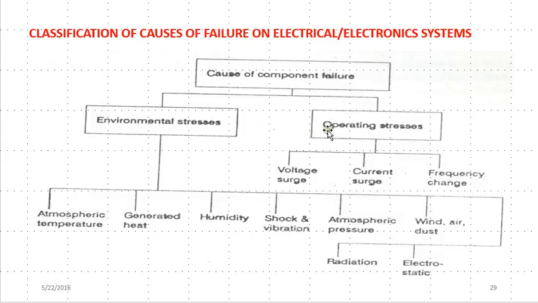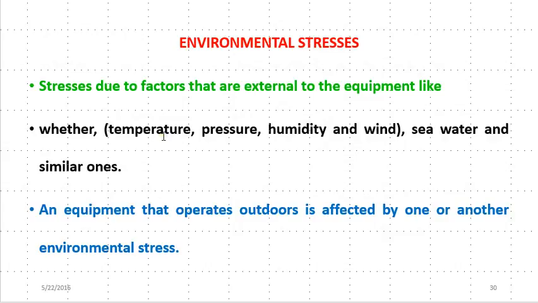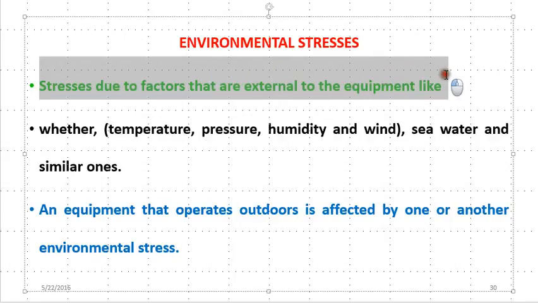The other one, which has to do with operating stresses, includes voltage surge, current surge, and frequency change. Now let us look at these items one after the other. Starting with the environmental stresses, we know that any component that operates in an environment is definitely going to be affected by environmental factors.